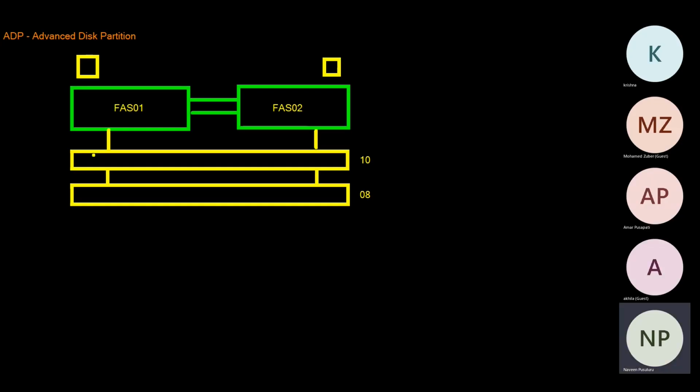So what it will do is pick some random disks. For example, on shelf 10 it took one disk, on shelf 2 it took another disk, and on shelf 3 another disk. Like that, it will take 3 disks for controller 1, and it will create this root storage pool.